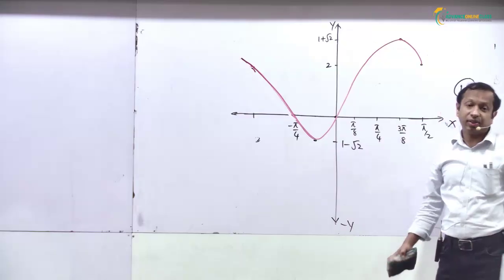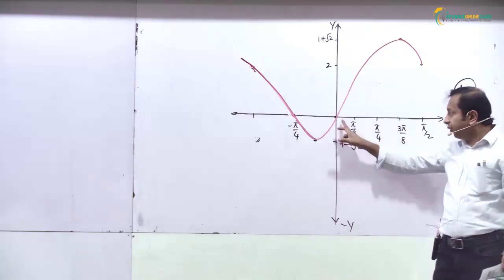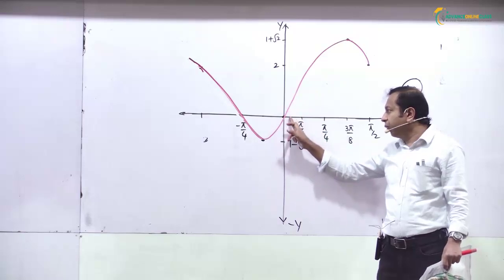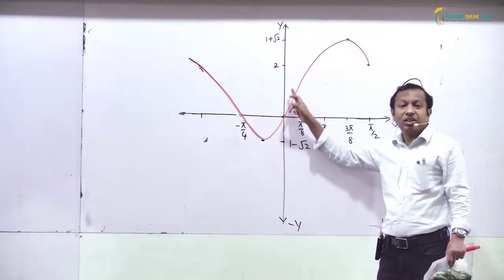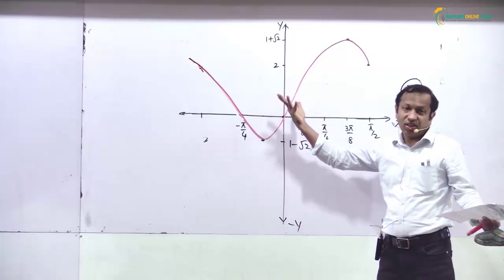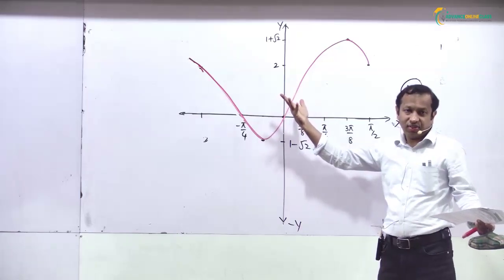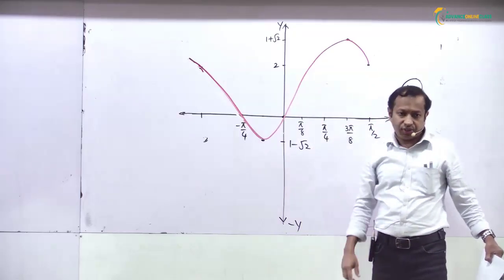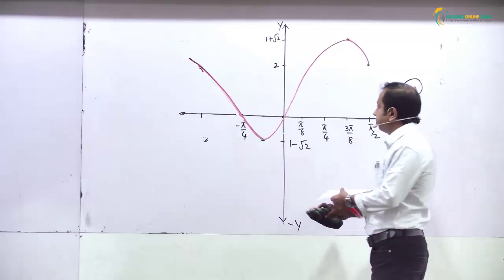Then only we get the complete graph. Sometimes, without finding this, if you draw, the graph cuts in the y-axis below the x-axis, above the x-axis means wrong. Your graph is wrong. So therefore, these all points we need to find to get a rough sketch.